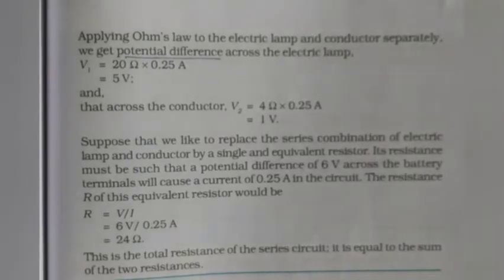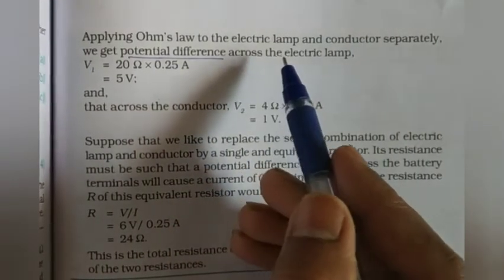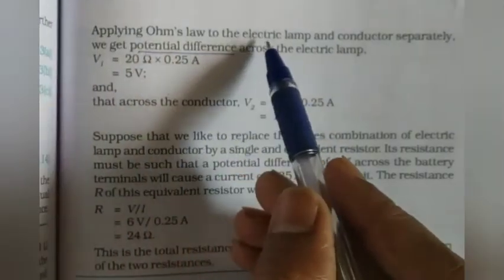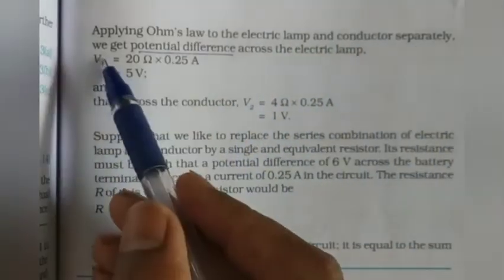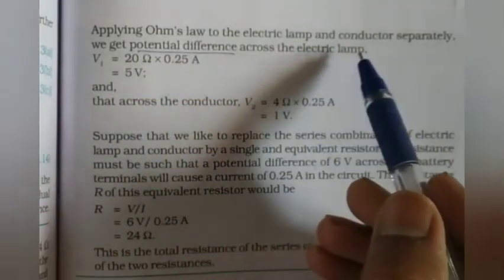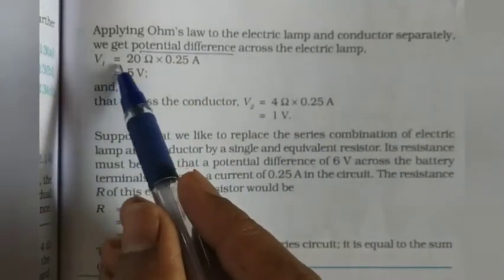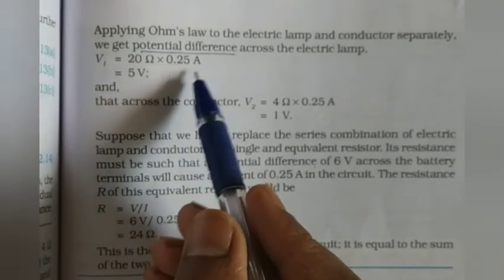Now come to finding the potential difference across the lamp and across the conductor. Applying Ohm's law to the electric lamp and the conductor separately, we get the potential difference across the lamp, only the lamp here. V is equal to 20 ohm into 0.25 ampere.